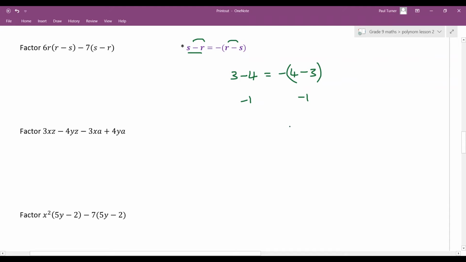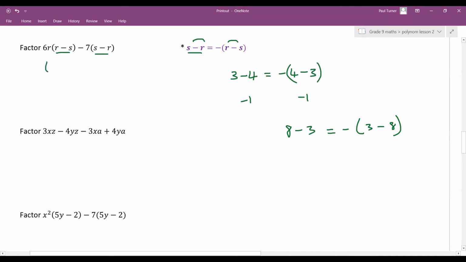So for example, 8 minus 3 would be the same as minus (3 minus 8), which is very useful because when you look at this here, r minus s and s minus r, you might think they're not common, right? But you can actually make them the same.